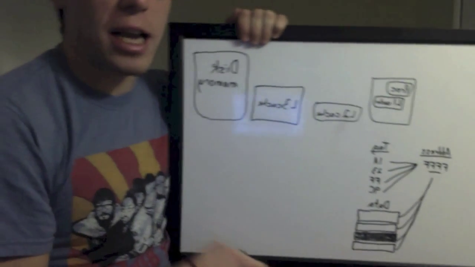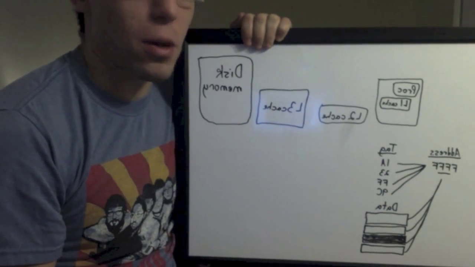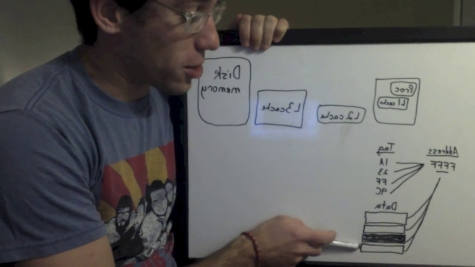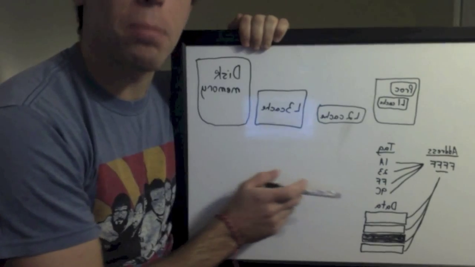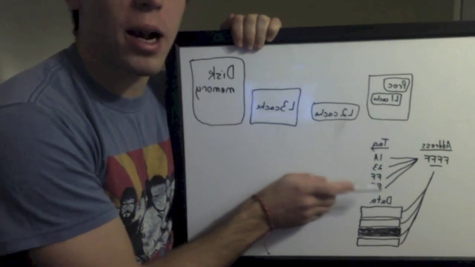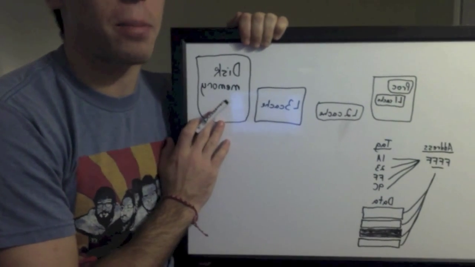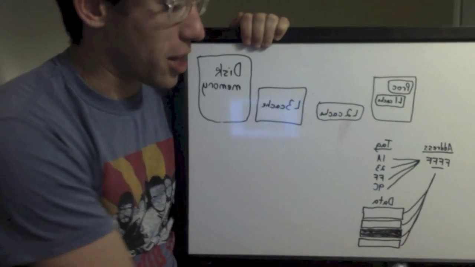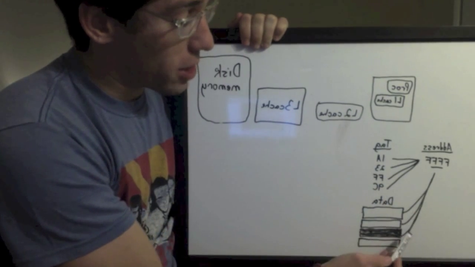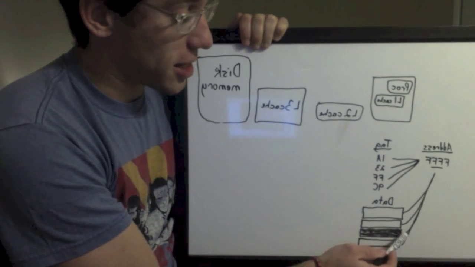Now, what if we can choose the correct way? What if we can predict the correct way while keeping it parallel? And that's the idea of the paper: while checking the tag, they only predict one way that the data is sitting in.